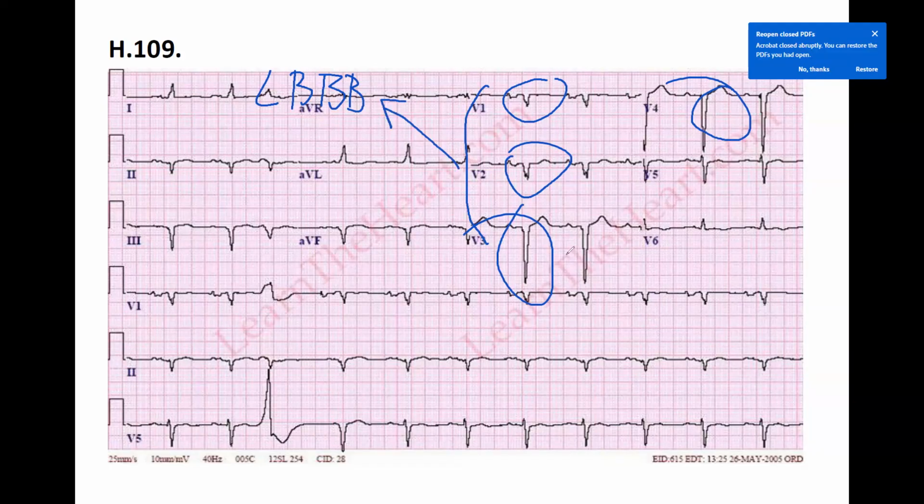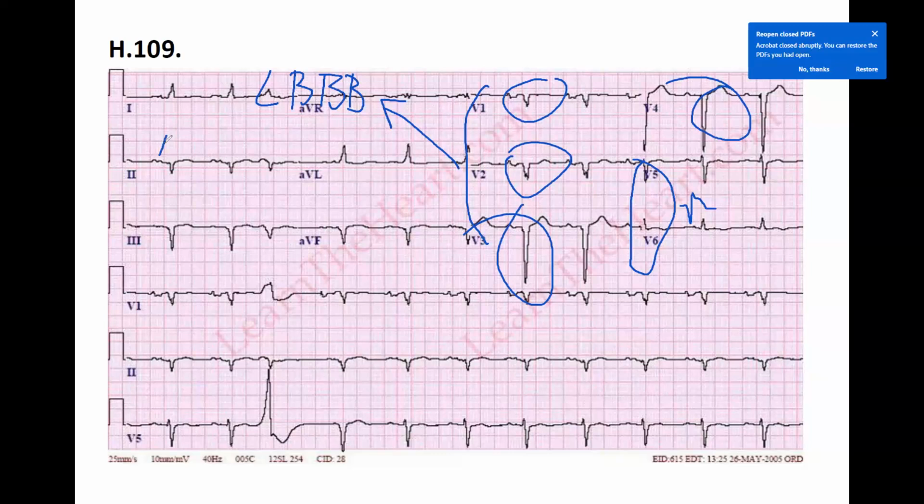If you had a Q wave in V5, V6 plus an ST elevation, you could talk about an anterior MI as well, but here you cannot. It's enough if you say that could be an old inferior MI with a left bundle branch block.